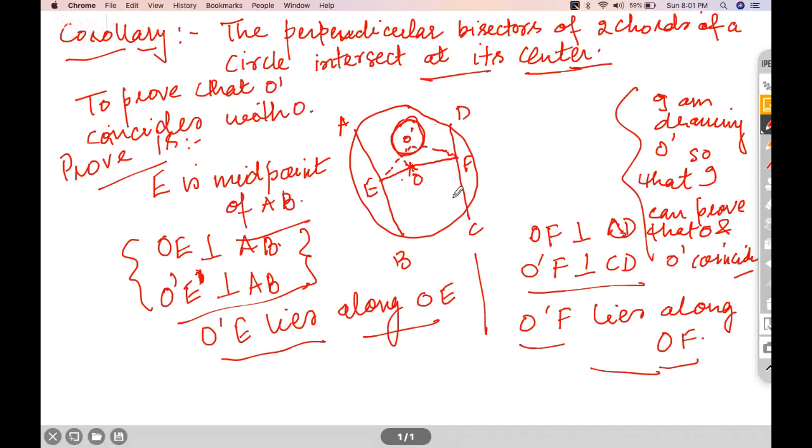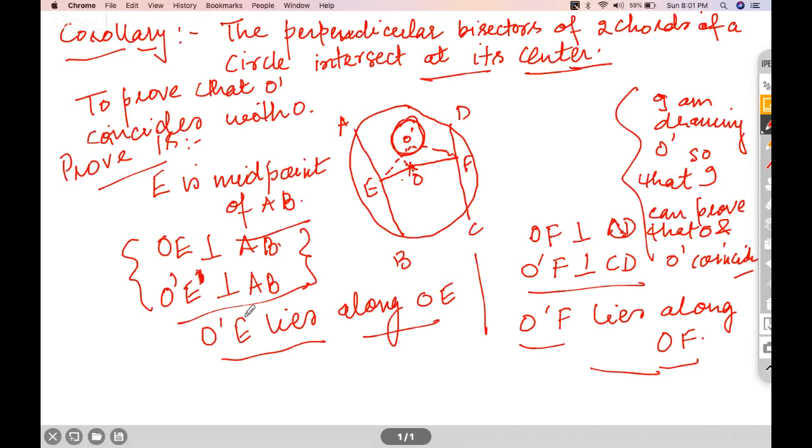But what I have done is I have taken any other point O dash in the circle, and I'm saying that O dash E is also perpendicular to AB. Why is O dash E perpendicular to AB? Because I have assumed that O dash is such a point that O dash E is perpendicular to AB.